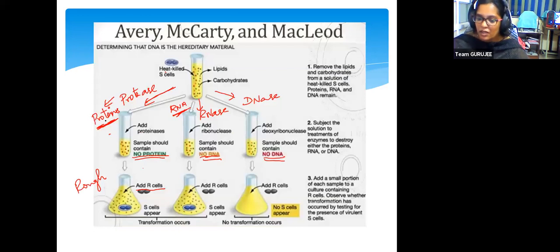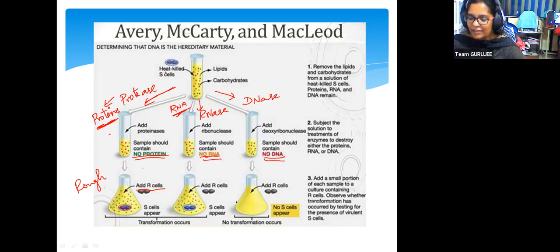So in the third step, they added R cells, this blue color, in all the test tubes. They transferred the substance into conical flasks to see the growth, and they added rough cells in all the conical flasks.